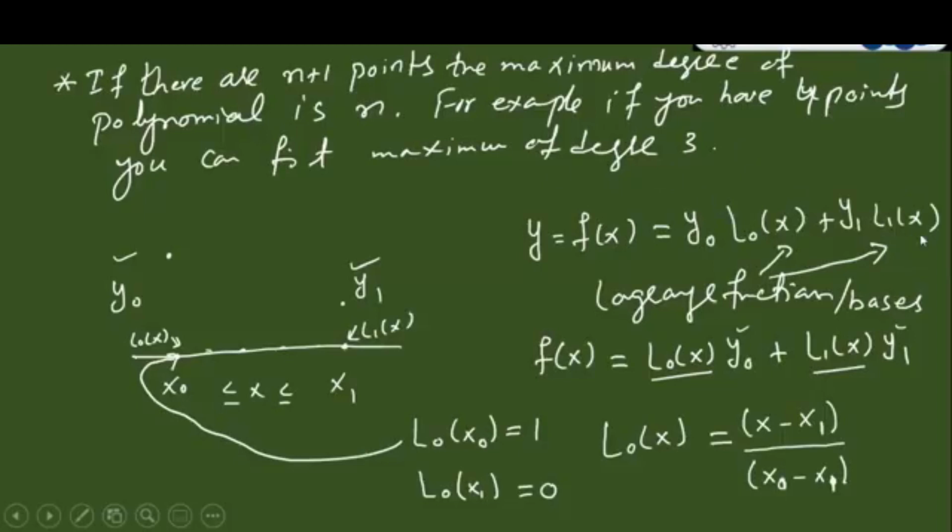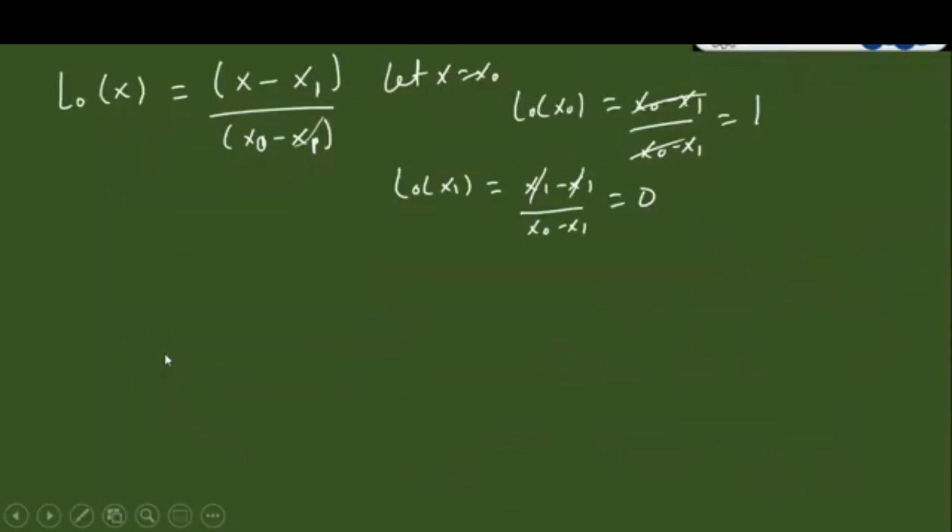Then the second thing is L1. L1 also has this characteristic. It is associated with this node, so it has to be 1 at this node and 0 on all other nodes. So how should L1 of x look? Obviously, if it is related to x naught, I have this construction.